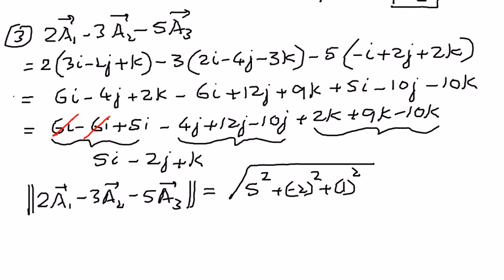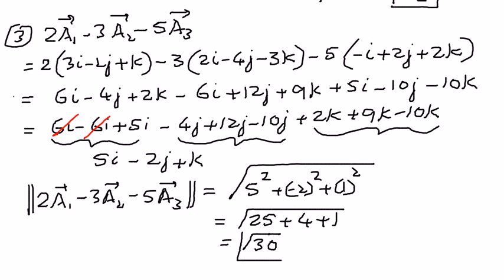When we simplify this, this is going to simplify to 25 plus 4 plus 1, right? So 25 plus 4 is 29, 29 plus 1 is equal to 30. So we cannot simplify this any further, so we're going to leave it there. So the magnitude of twice the vector a1 minus thrice the vector a2 minus 5 times the vector a3 is going to be equal to square root of 30.